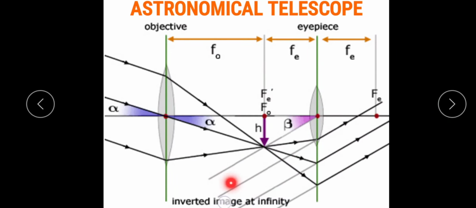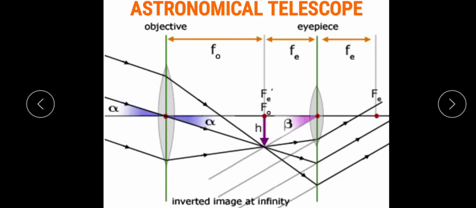A parallel beam of light from an astronomical object, it may be a star, moon or some other planet, when made to fall on the objective lens of the telescope, forms a real and inverted image, which is diminished.